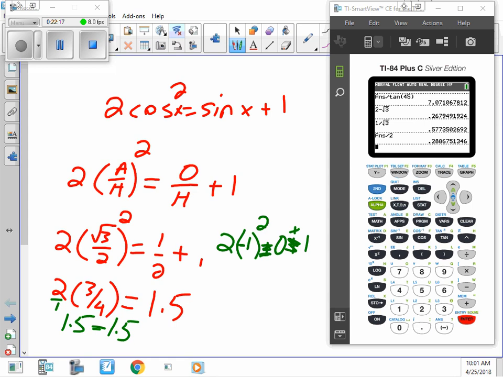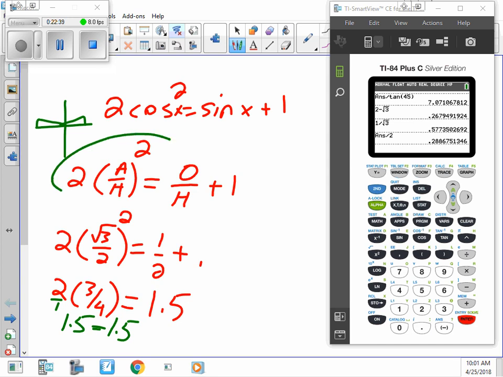So let's look at pi over 6. Pi over 6 worked. So we know that this angle pi over 6 worked because we got 1.5 equals 1.5. If we did the same thing in quadrant 2, what's different about quadrant 2 from quadrant 1? Cosine is negative. Is that going to affect this? No, because it gets squared. So we know that pi over 6 works.